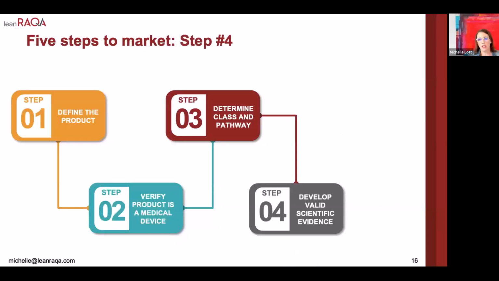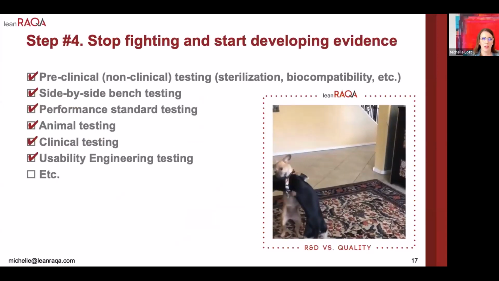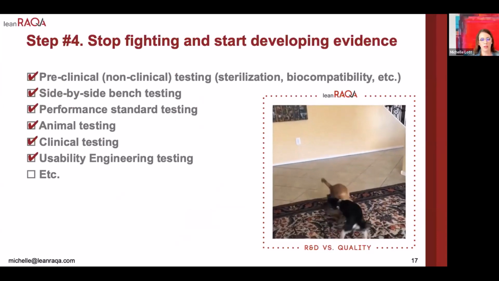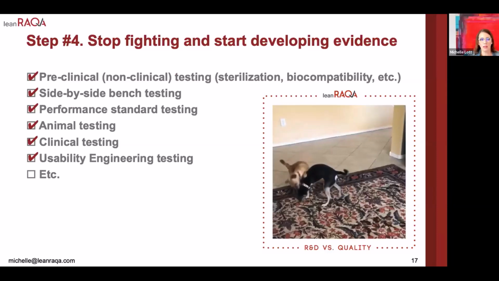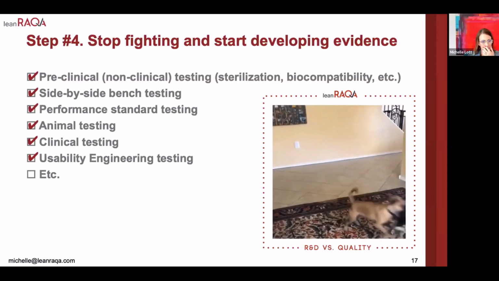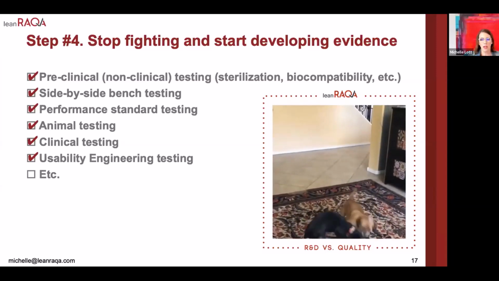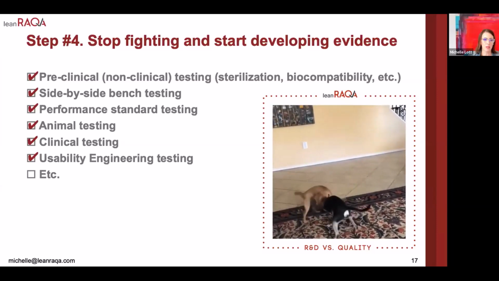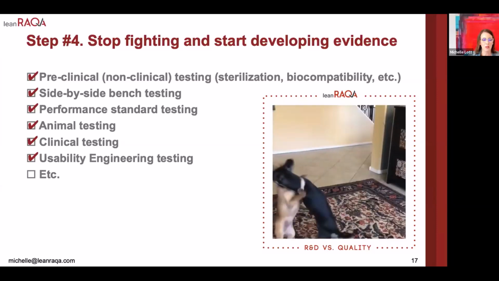So once we understand our classification pathway, then we're going to move into developing the valid scientific evidence that we need to support that strategy. This can take a range of different forms, in terms of non-clinical benchtop testing, performance standards, recognized consensus standards, animal or clinical, and FDA's new favorite is usability engineering or human factors.